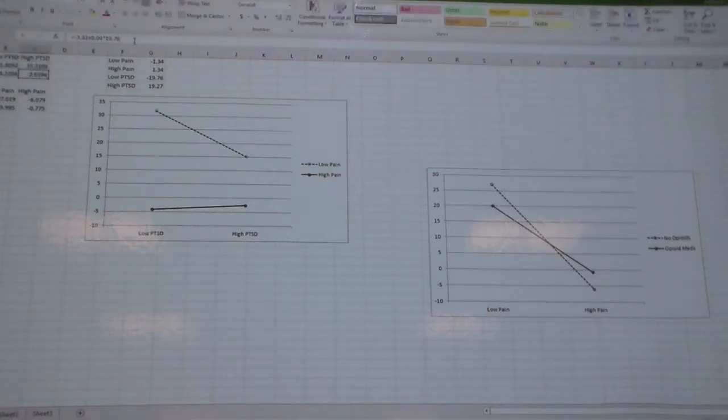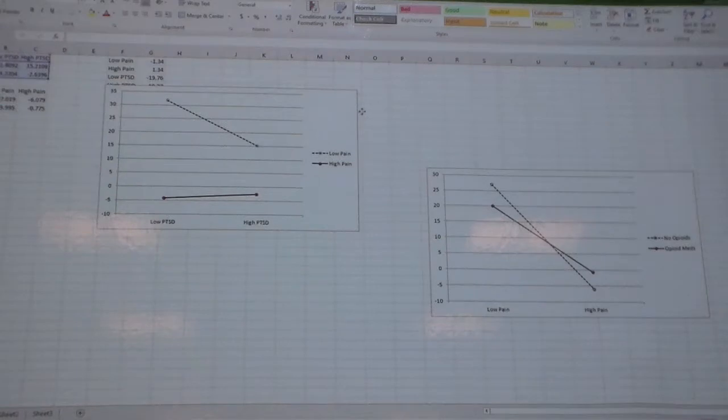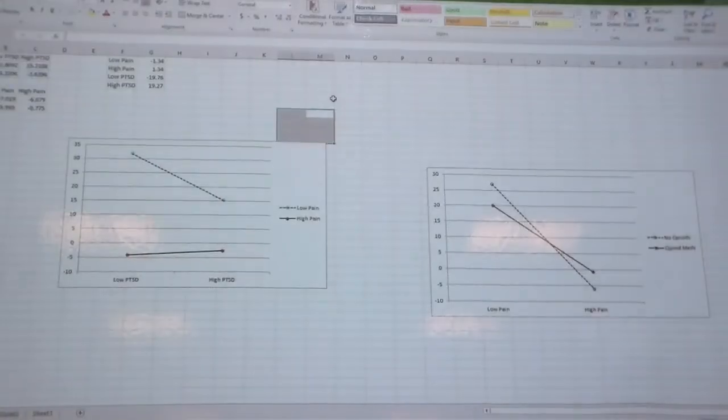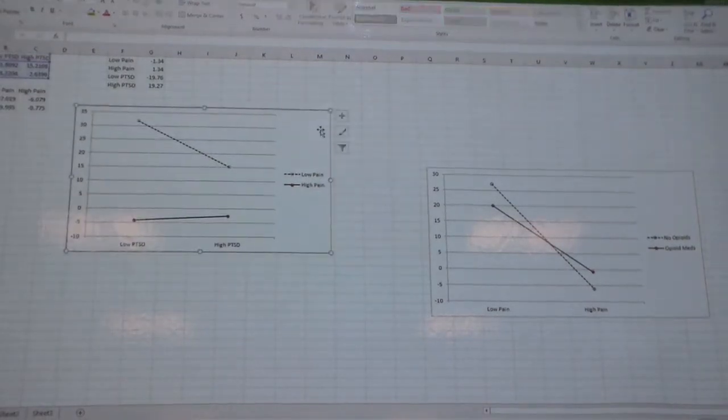Same thing here, this is my PTSD at high pain. Again, this is just my simple slopes equation with negative 19.76, positive 19.76, and this gives me my simple slopes. People see how I got that, put that together?